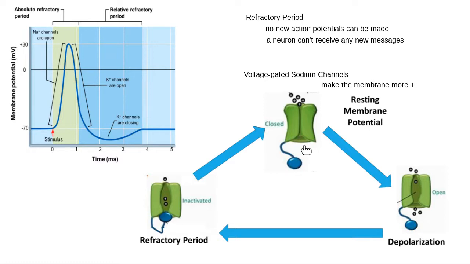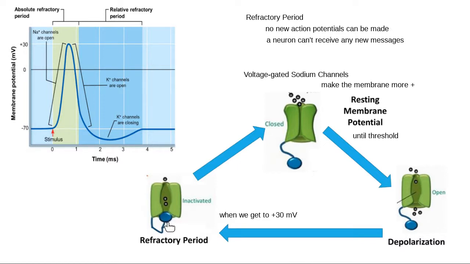So let's add a note here. This closed state and normal state, this is what I'm at from resting membrane potential until threshold. When I hit threshold, I change to this shape where I'm open and sodium comes inside. When we get to positive 30, that inactivation gate protein comes in and blocks the channel.